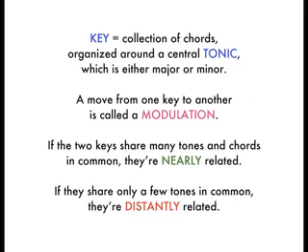A key is a collection of chords organized around a central tonic, which is either major or minor. A move from one key to another is called a modulation. If the two keys share many tones and chords in common, they are nearly related. If they share only a few tones in common, they are distantly related.